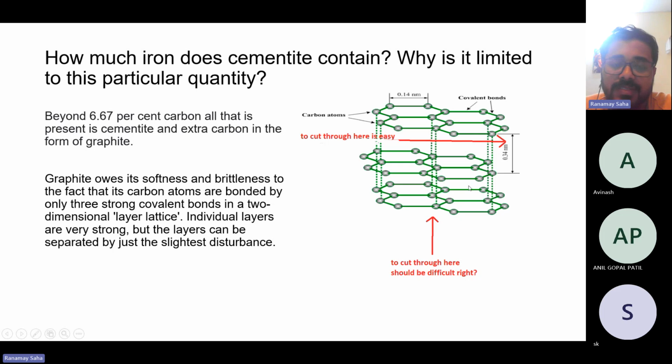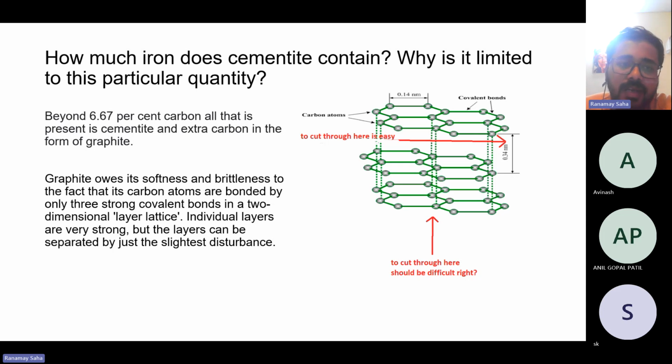So what happens is there is a slip factor that comes up with a single little shear force that you apply. What is shear force? Shear force is a force which is applied parallel to a particular surface, right? Here, once you apply this kind of shear force, one layer slips over the other. Although each layer is very strong, overall cutting through the material is very easy.